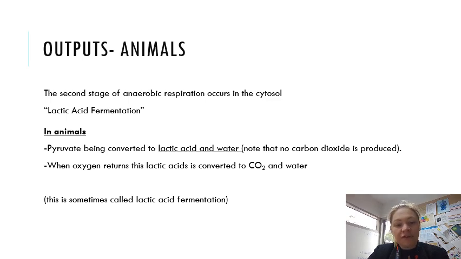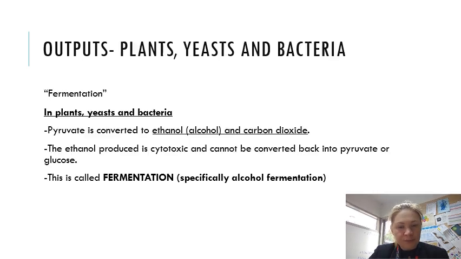The outputs of anaerobic fermentation are different in animals and in plants or yeast. So in animals, when we've converted that pyruvate and got the energy that we need as a result of that process, we produce lactic acid and water as byproducts. Okay, so lactic acid and water are the outputs of anaerobic fermentation in animals.